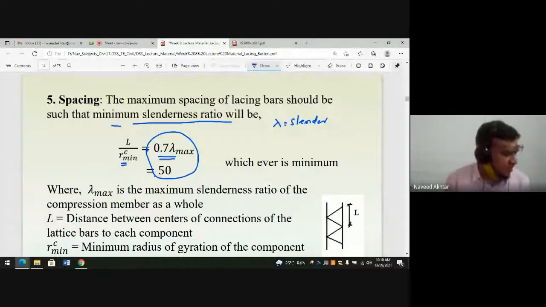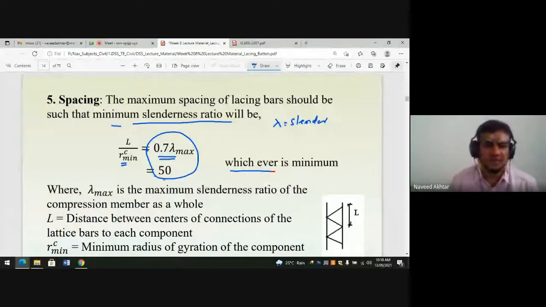While designing you can calculate that, and you will understand the L by R minimum value should be equal to 0.7 times lambda max or 50, whichever is minimum.